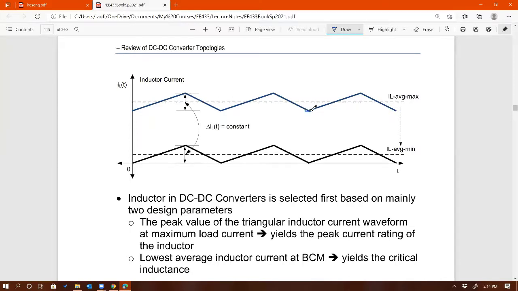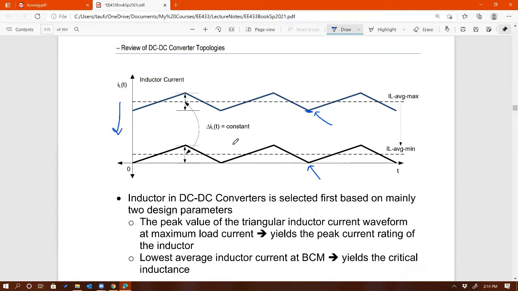So eventually, because this current has delta IL, if you are decreasing the output power, this inductor current will decrease, will shift down and down and down until eventually, when the current is low enough, the minimum value of this inductor current will touch 0, at which point we call this BCM.